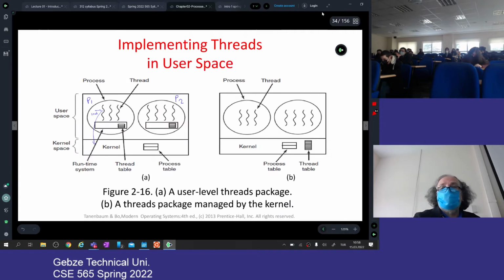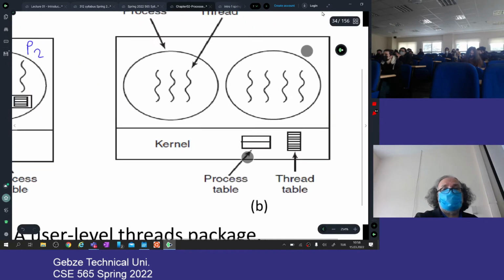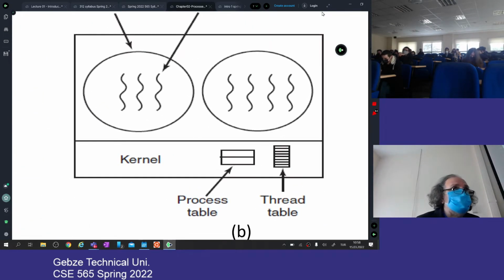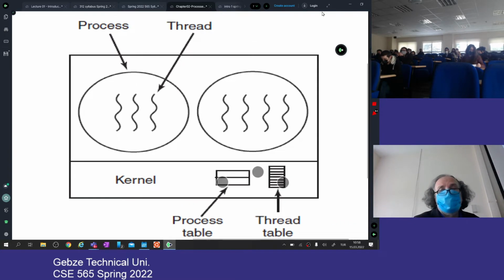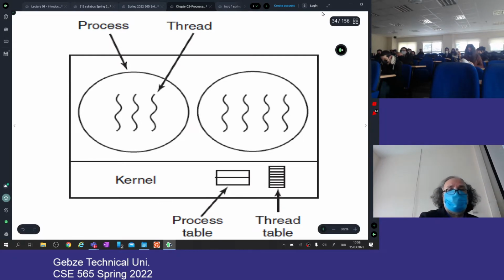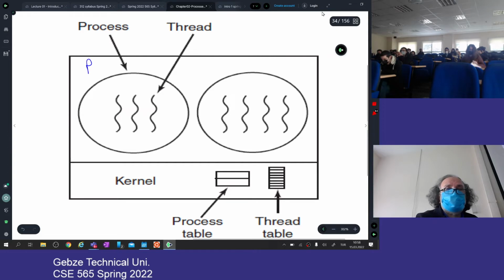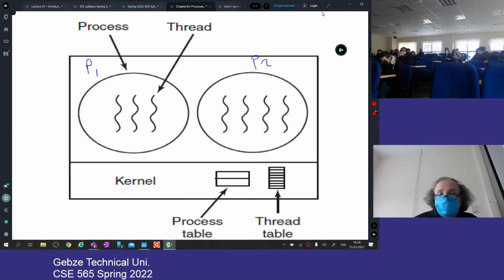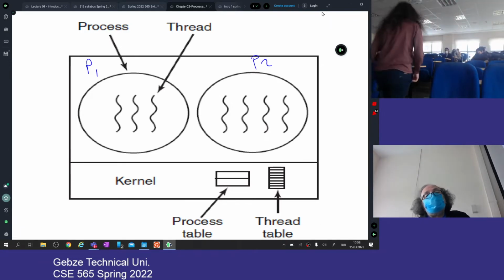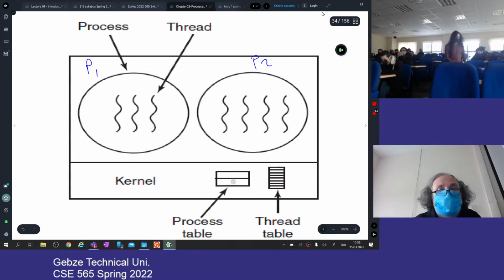That's why later they invented this. They say that, okay, I am going to support threads at the kernel level. So this kernel knows that I have 2 processes, process 1 and process 2, and I will keep the process-related data inside this process table, 2 entries.